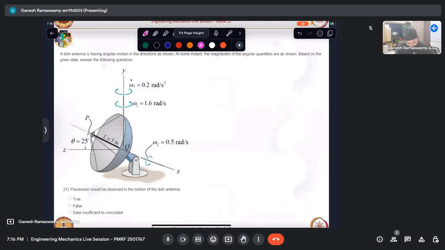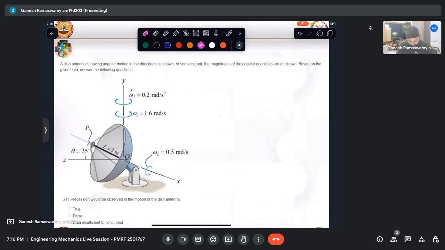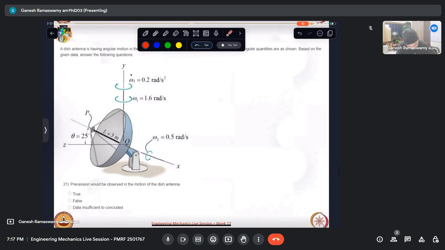What it is trying to say. A dish antenna is having angular motion in the directions as shown. Okay. So basically, because of this connection, this is having some angular velocity about the vertical, and it is also having some angular acceleration, magnitudinal change about the vertical, and then it is getting lifted like this.